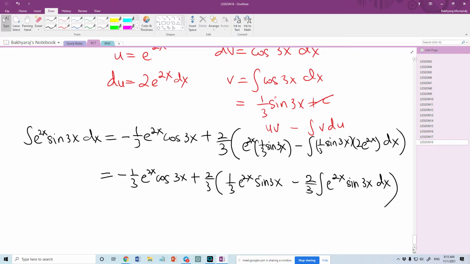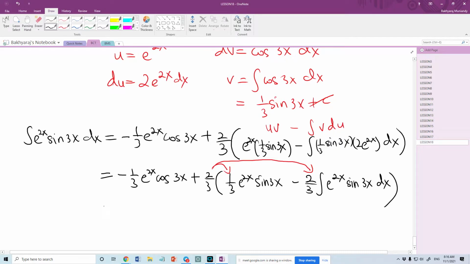Okay, so what is the next step? Next step, I'm going to expand this. I want to bring the 2 over 3 inside. Okay, I want to solve the expansion.